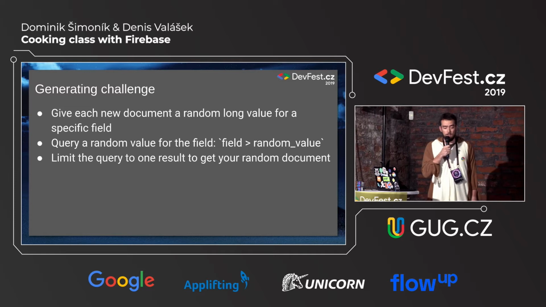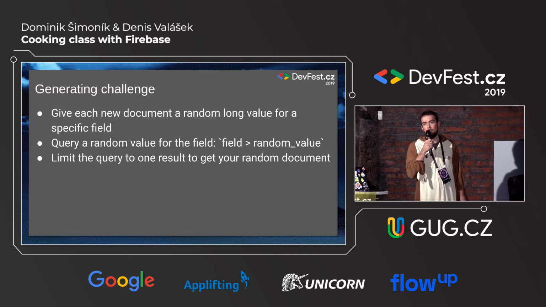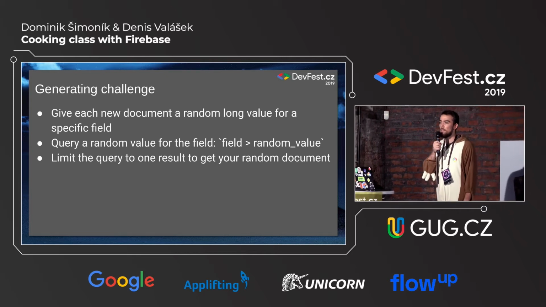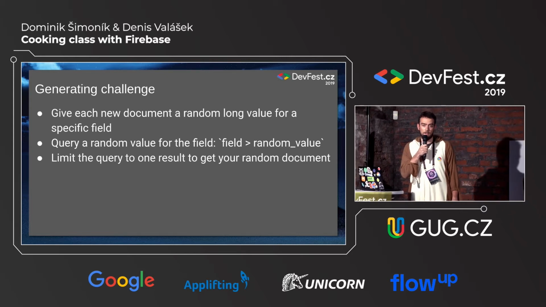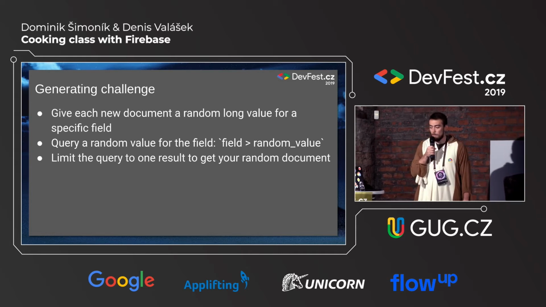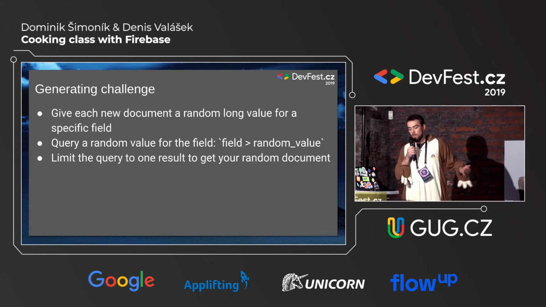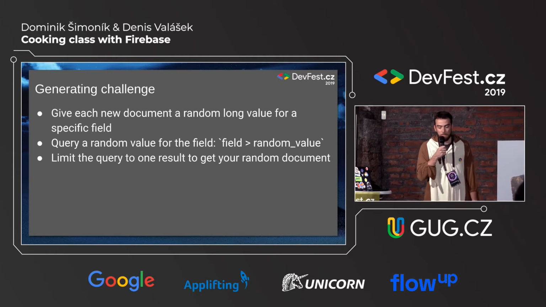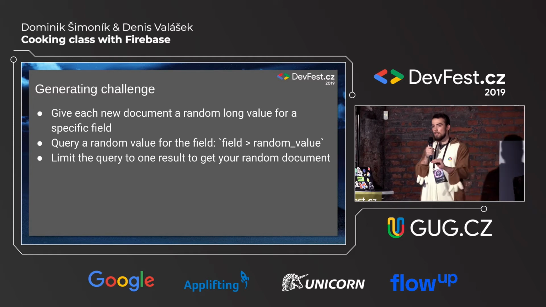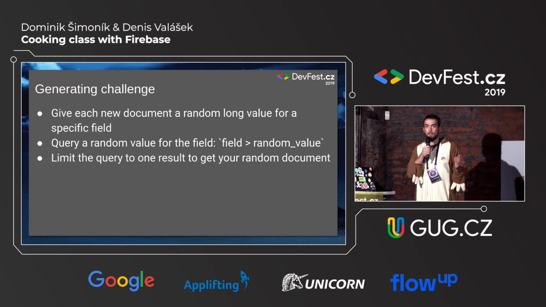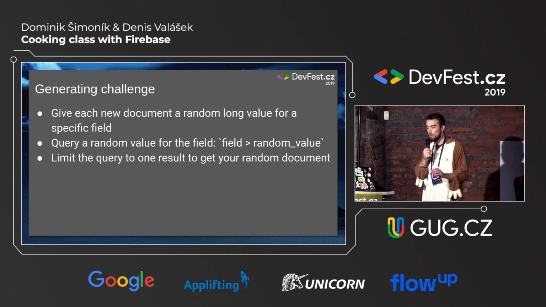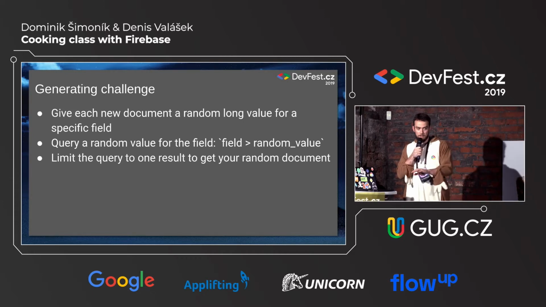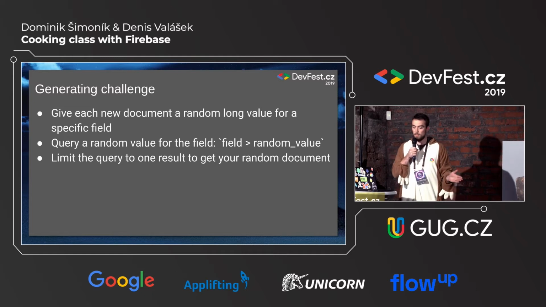How to generate a random challenge from a Firebase document. That's tricky, because there is nothing like random in Firestore. There is no method for that. But you can use some tricky steps to make it simple. You give each document in your Firestore a float number in it. And you query that field based on the random.